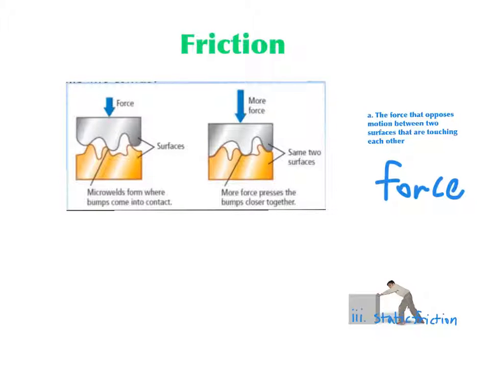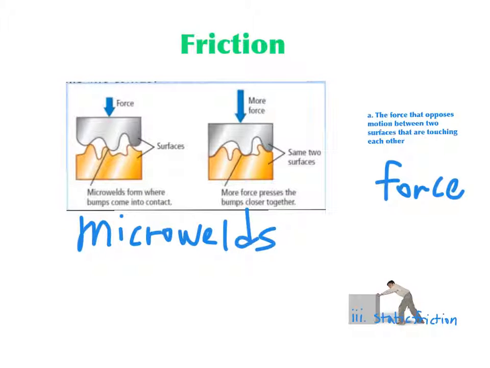And this is going to go by letter I. And letter I says basically that surfaces are not completely smooth. So even the tabletop isn't completely smooth. Microwelds or bumps on one surface rub together with those on a different surface and slow down an object.